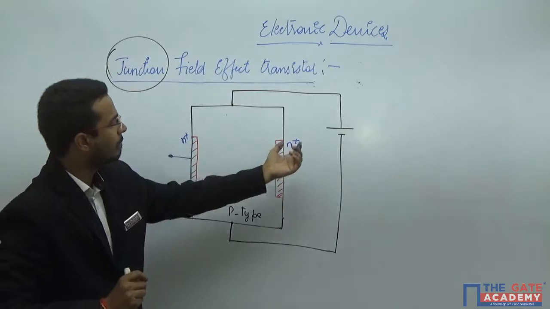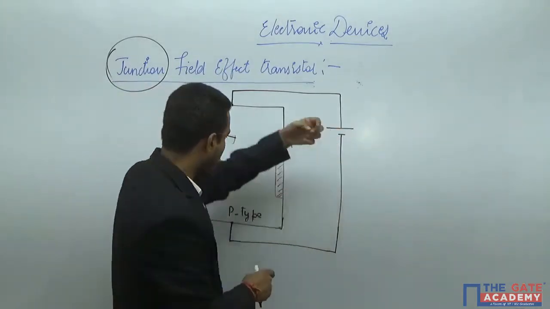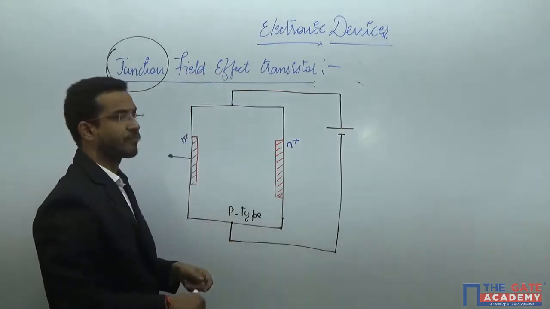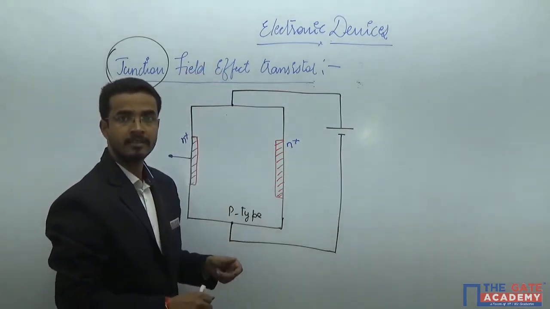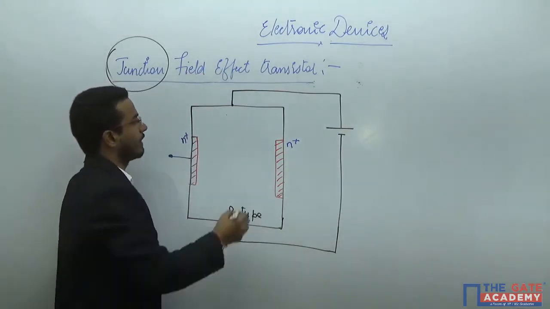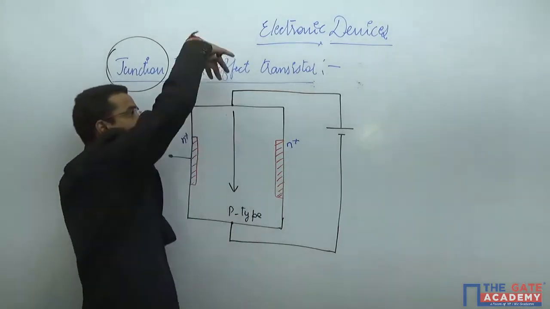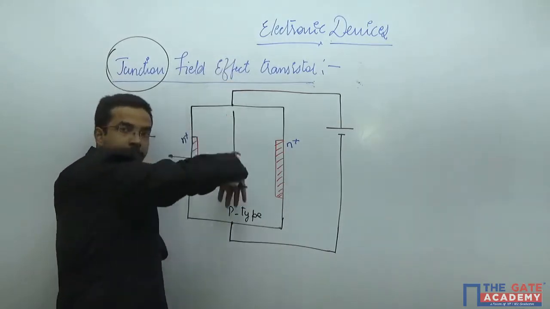Now, if you apply a battery along this device, in which direction will the electric field exist? The electric field always goes from higher potential to lower potential, so it goes like this.